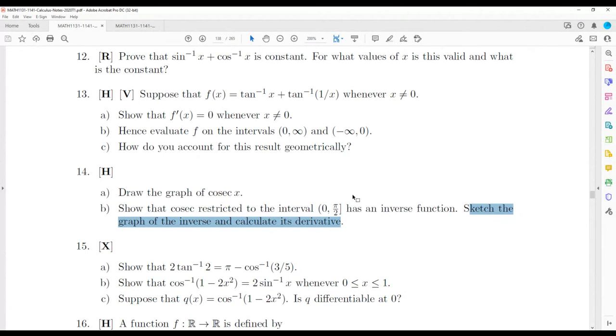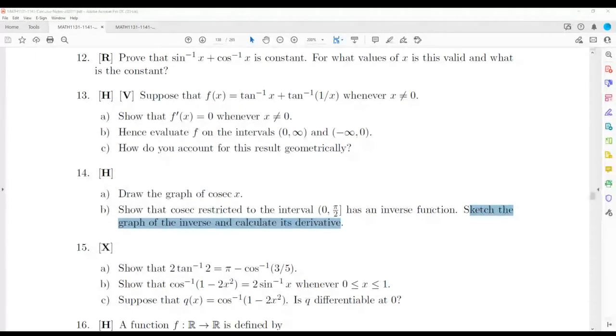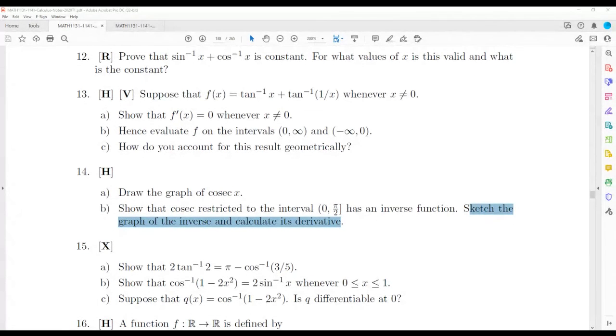So let's see if we can do this in GeoGebra first. Draw the graph of cosec x. I'm not sure if we can do that, but let me just play around here in the background.